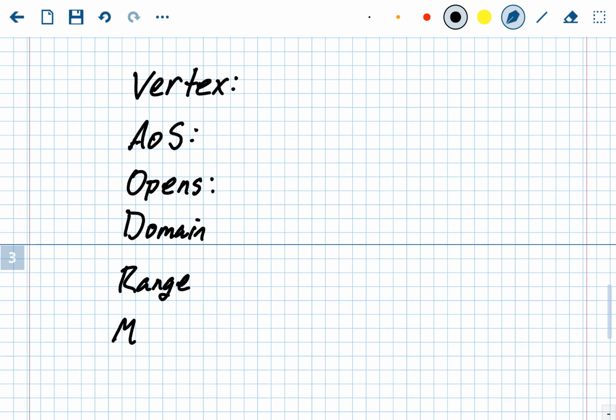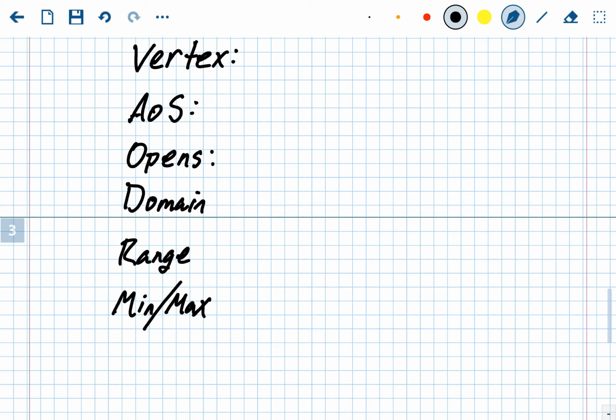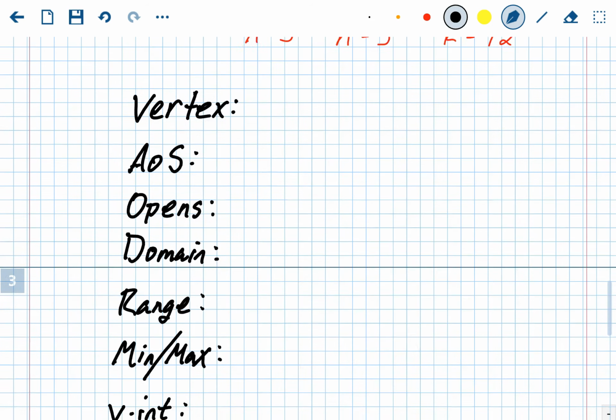We know the min or the max. And on this one, let's find the y-intercept. Okay, so this is all information we could get by just knowing A, H, and K.